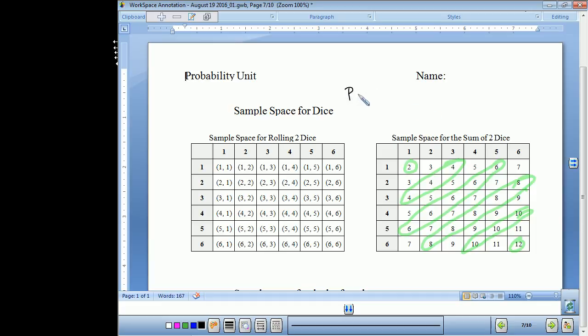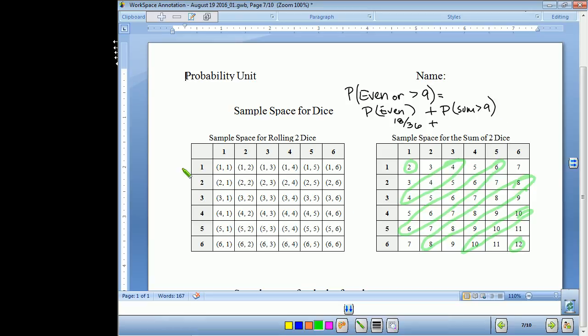So, the probability that it's even or greater than 9 is the probability that it's even, which we just discovered was 18 out of the 36 possibilities, plus the probability that the sum is greater than 9.